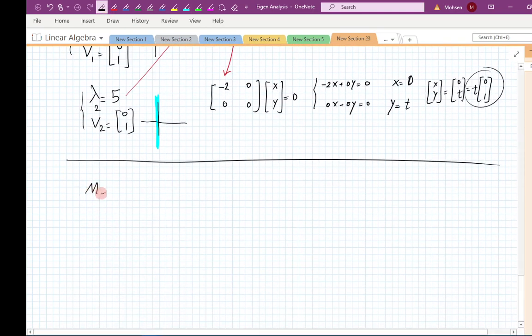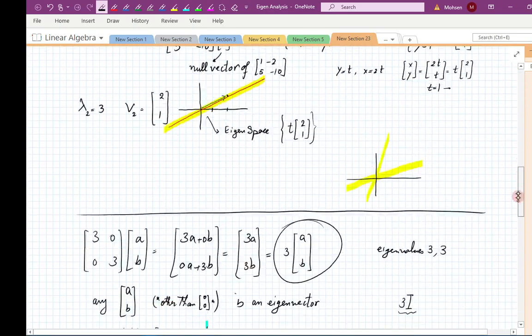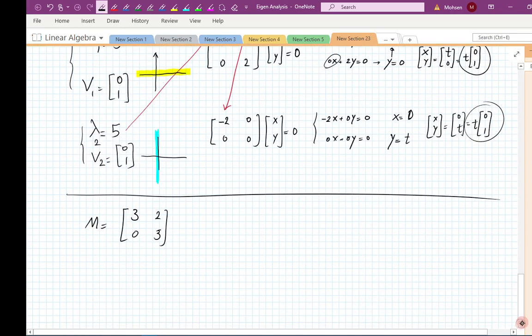So I take M3, 3203. Okay. What is defective about this thing? A peculiar thing is going to happen. One of our eigenvectors is going to go AWOL. It's going to become missing.